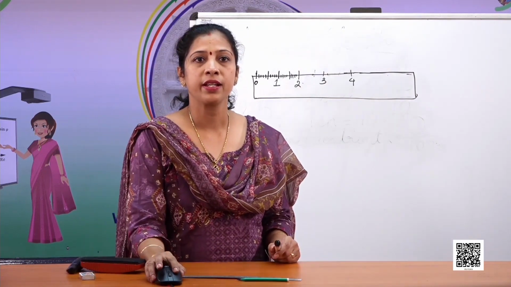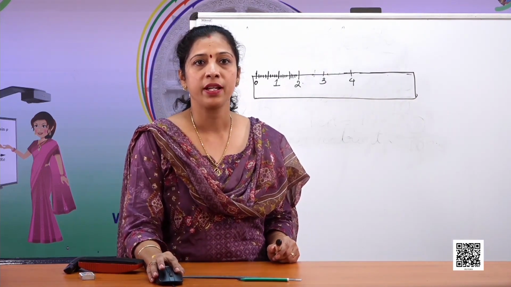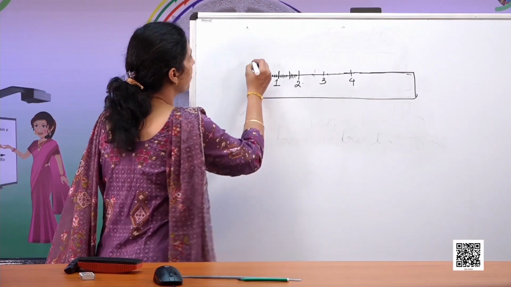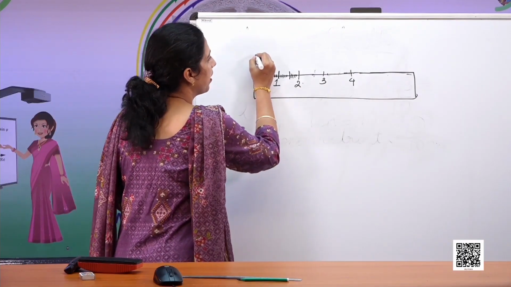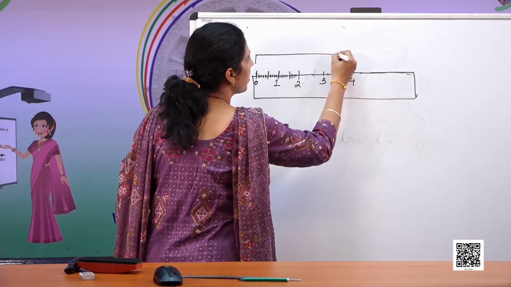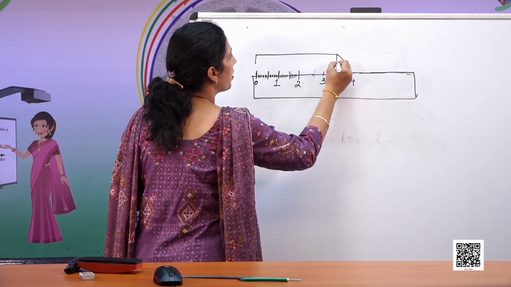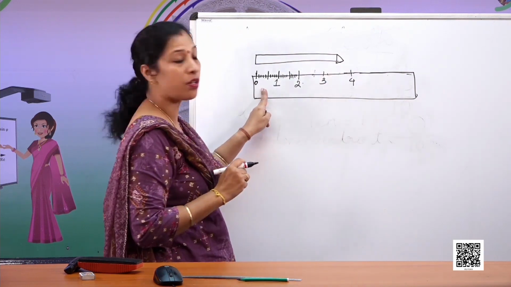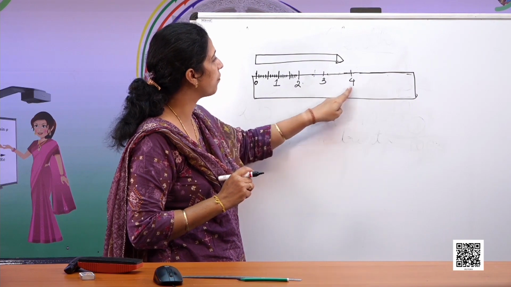Now you can see how to measure the pencil. Here the pencil is kept at the 0 marking. So we will put the pencil at 0 marking. Then we will see how long it is going. So it is coming up to this length. Okay. So now you can see 0, 1, 2, 3, 4.